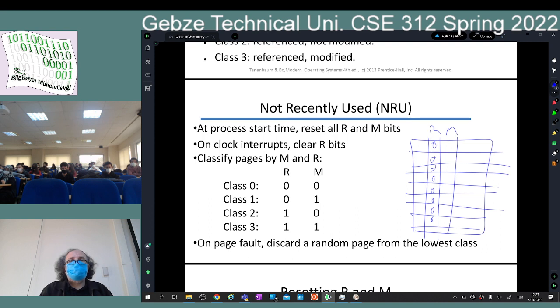So the midterm will include this not recently used algorithm on Monday. Our midterm is on Monday, right? Monday morning I will not hold a lecture, so you study for the exam.